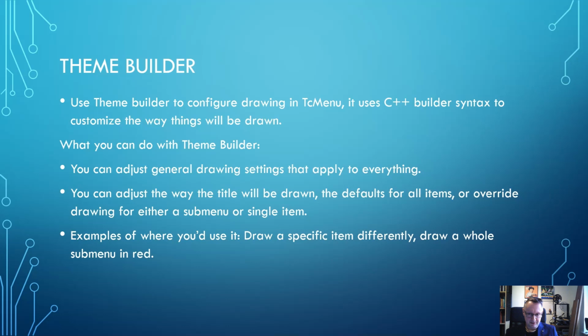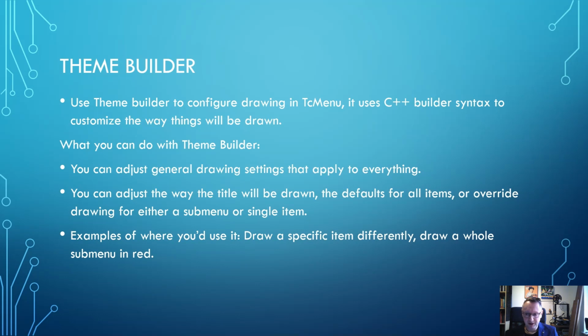So coming back to ThemeBuilder now, one of the large improvements in TcMenu recently that probably wasn't publicized very well is ThemeBuilder. And ThemeBuilder uses a C++ builder syntax to customize the way things will be drawn. So what can you do with ThemeBuilder? You can adjust the general drawing settings.